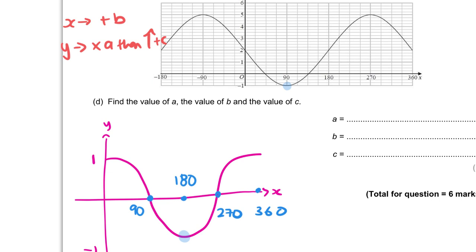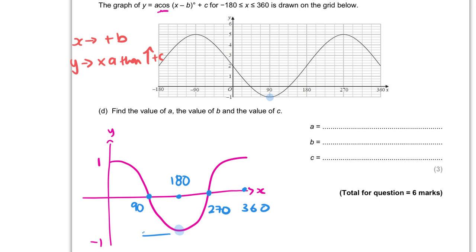It's now at 90. So what does that mean? We've moved 90 to the left.